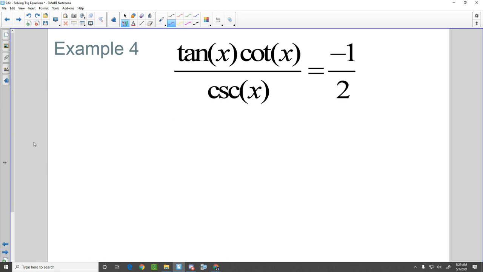This is one of our main trig functions. No need to flip anything. So is this your x coordinate or your y coordinate? Y. So where is there a y coordinate of that number? Is this x or y?